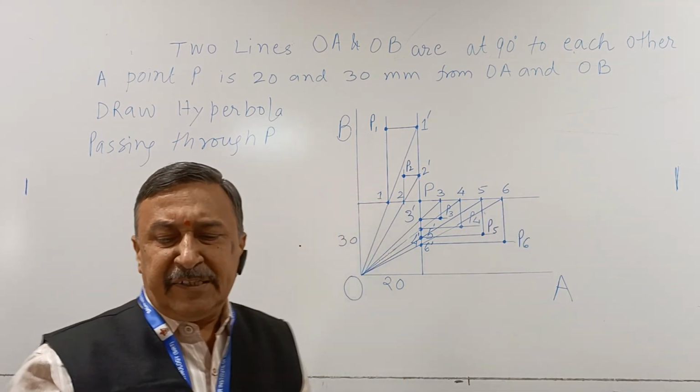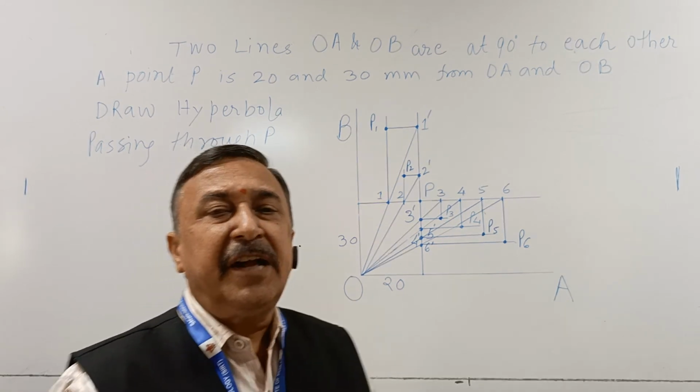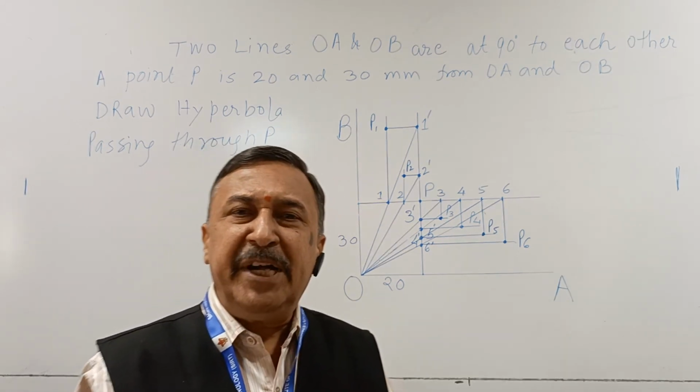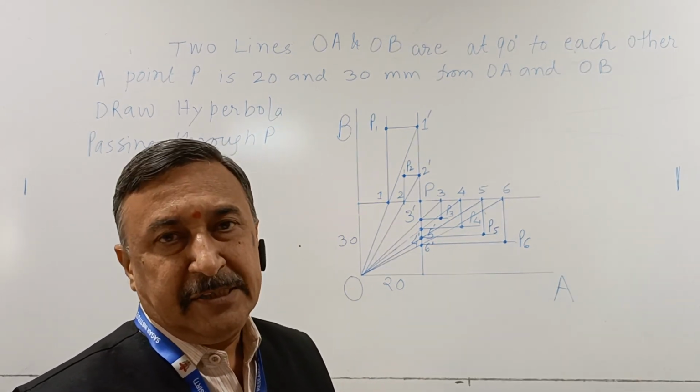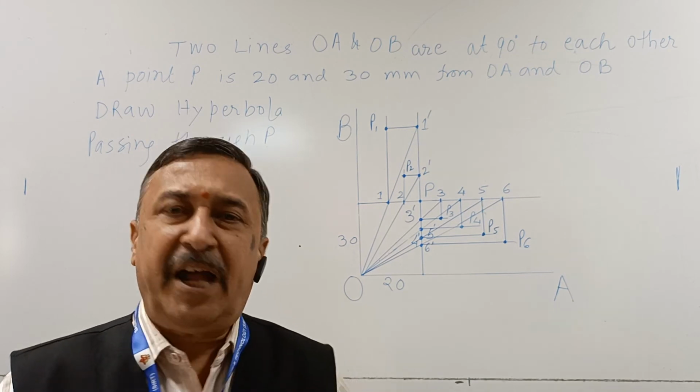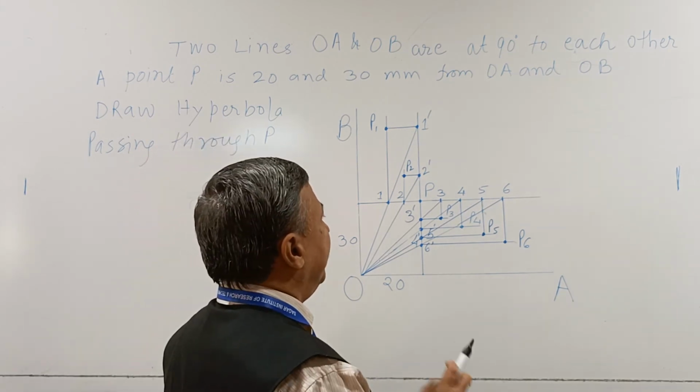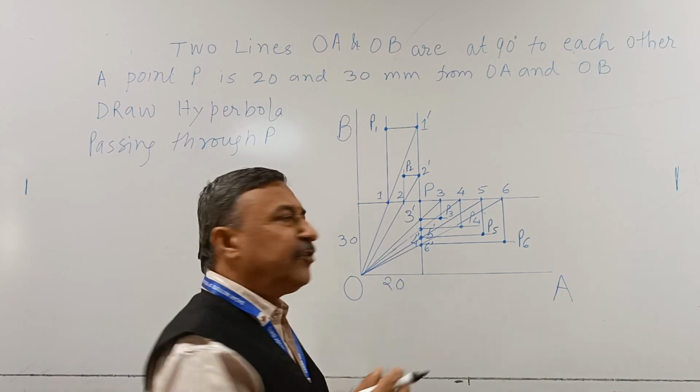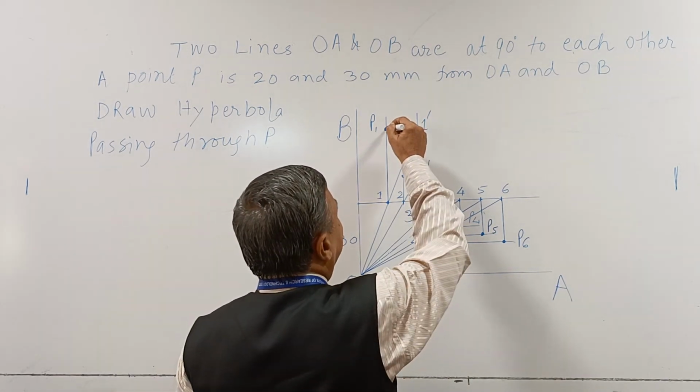So these are the points which are required for completing our hyperbola. Now I am going to complete the hyperbola. See here, join these points with a free and smooth curve.